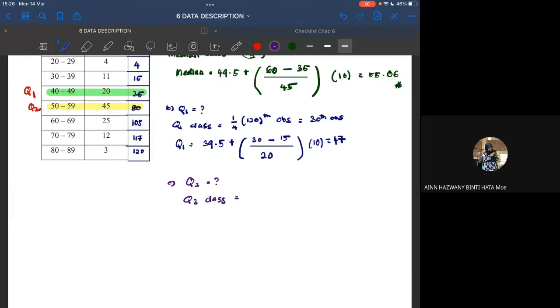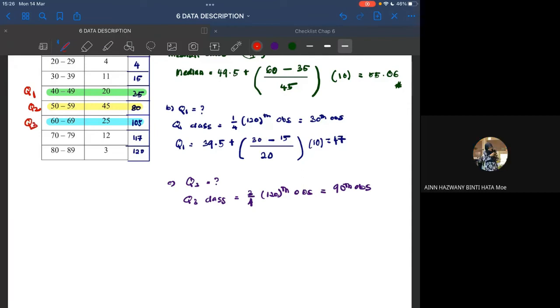Q3 apa? 3 over 4. Which is kat sini kita akan dapat 90th observation. Which is 90 tu berada dekat kelas 60 to 69.